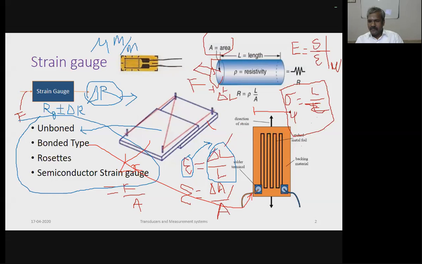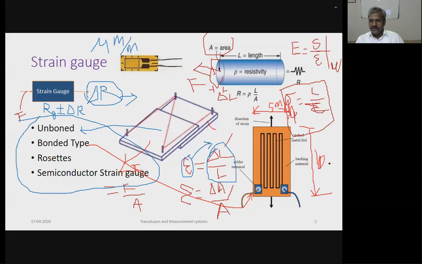Say the width is 5 mm, just 0.5 centimeter, and the length is 10 mm, that is 1 centimeter.